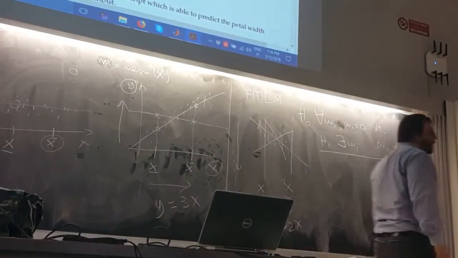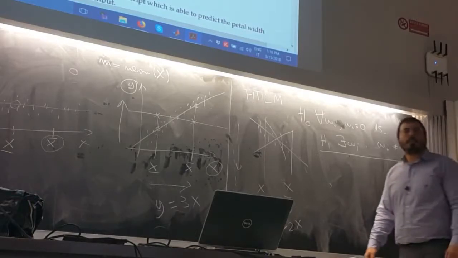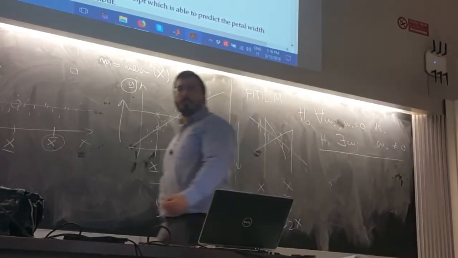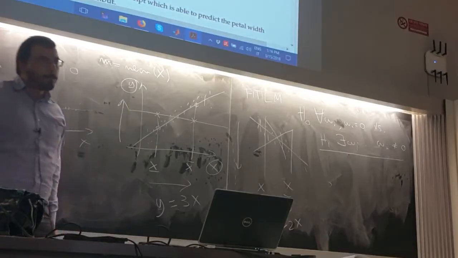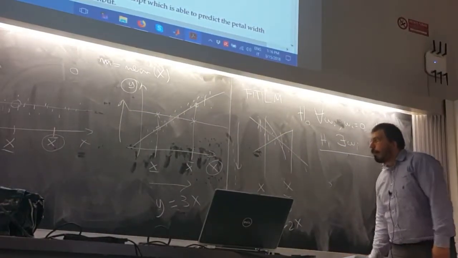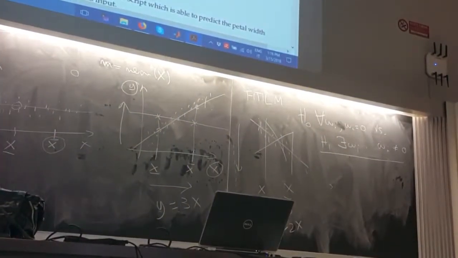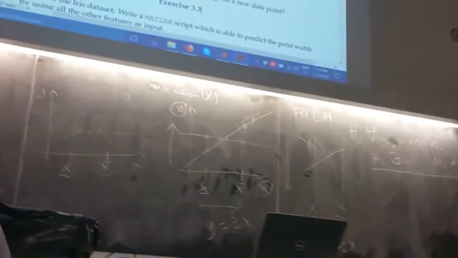How much is the residual sum of square of this model? What is the residual sum of square? So the residual sum of square is the amount of error I'm doing over all the data I have.